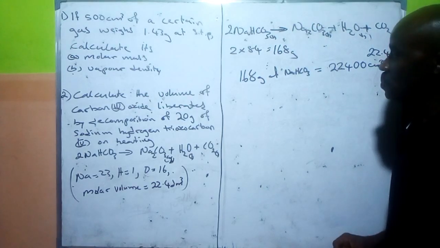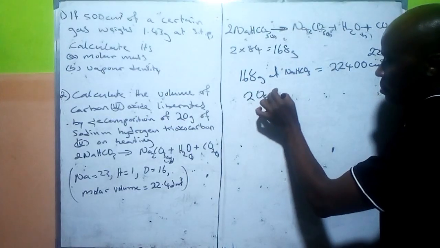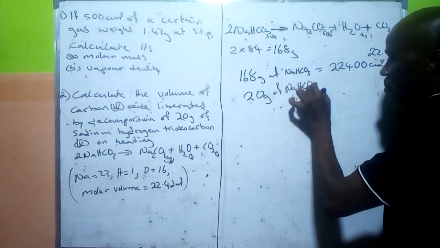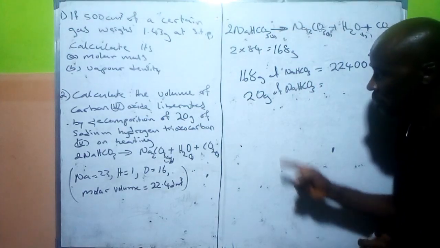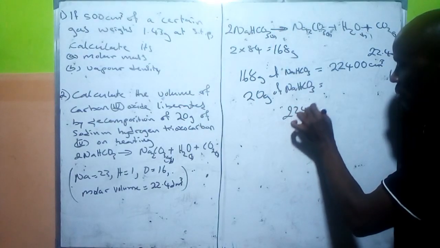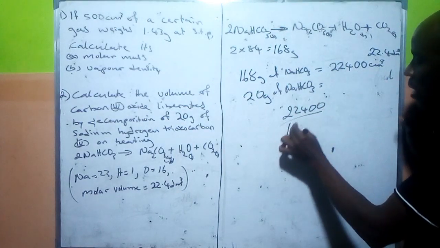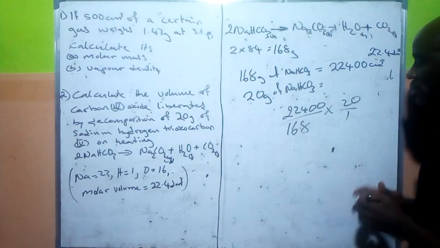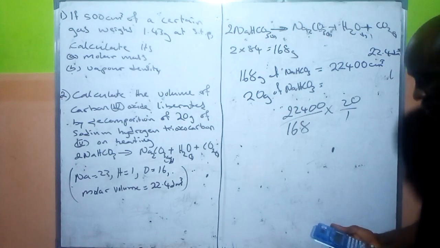So now, what will these 20 grams give us? To get it, what we have here will be 22,400 divided by 168 multiplied by 20. That will give us exactly what we're looking for.